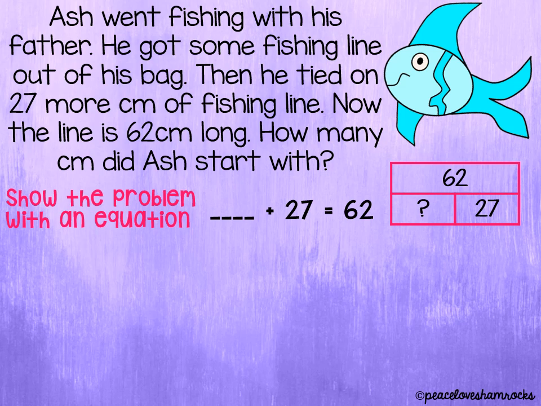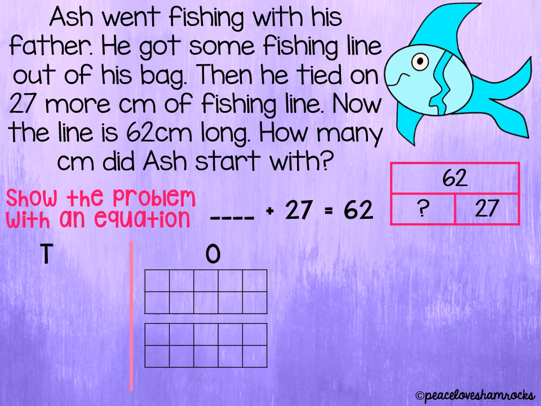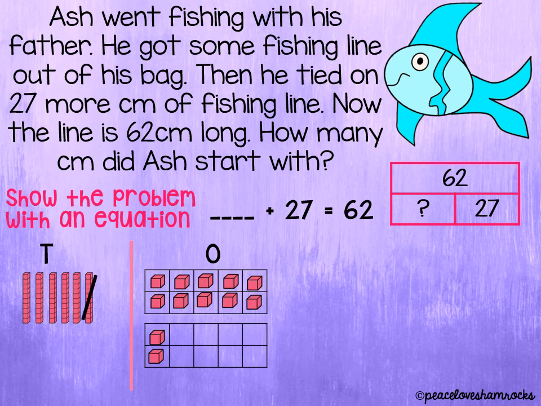So here's another strategy for subtraction in case you forgot. Our good old 10s and 1s. So here's my 62. And I need to take away 2 10s and 7 1s. But I don't have enough 1s over in my 1s column right now, so I need to regroup. So I'm going to take a 10 and regroup it as 10 1s.